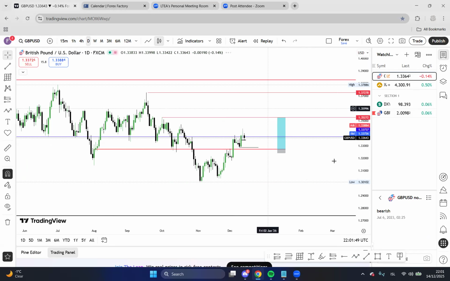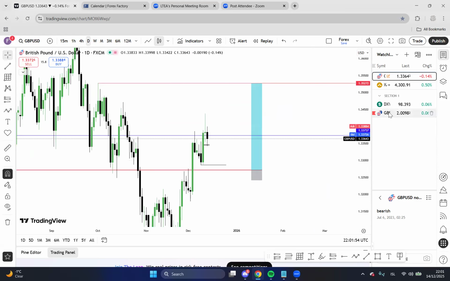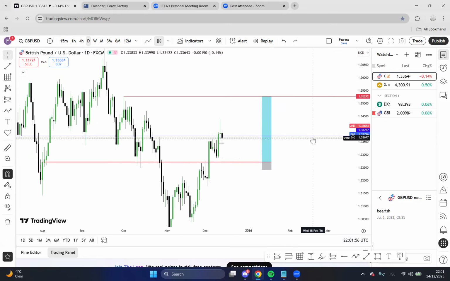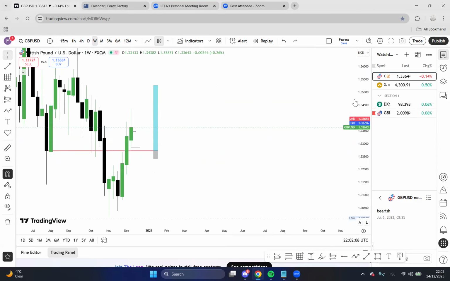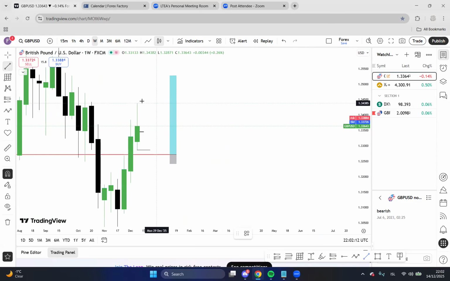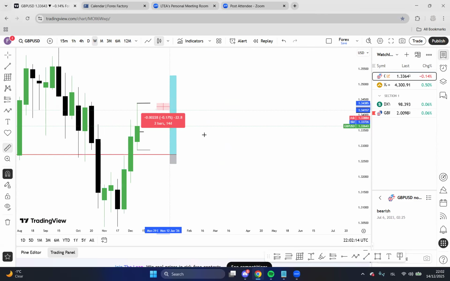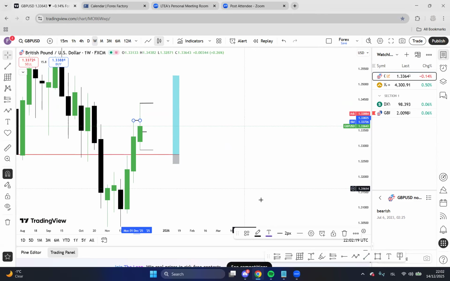So now let's go into GU. Let's take this one out. Coming into the weekly time frame, what we see here is that price failed to close above last week, which is last 2 weeks high or something.